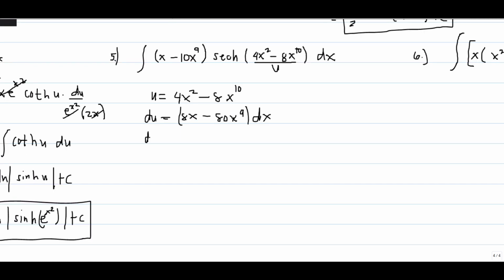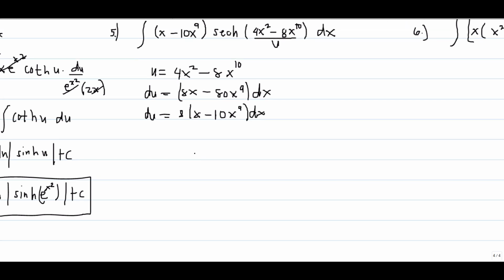dx. So du here equals 8 times x minus 10x to the power 9, then dx. So where dx here equals du over 8 times x minus 10x to the power 9.